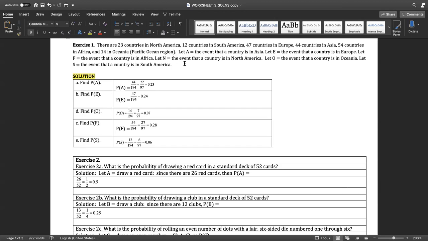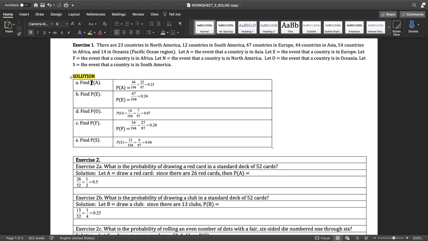When we talked about the coin tossing experiments, we were able to actually calculate the frequency table for that experiment. This is another experiment where we select one of these countries and ask for its relative frequency or its probability.